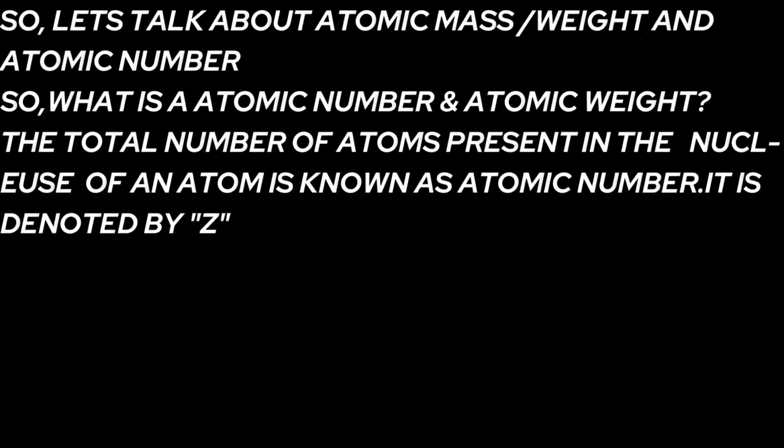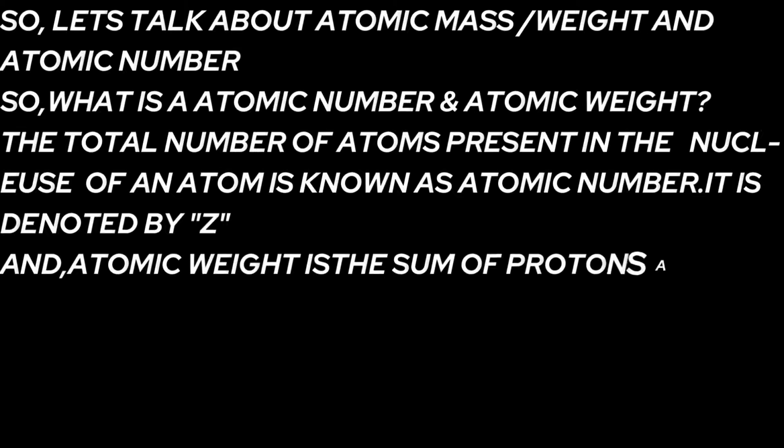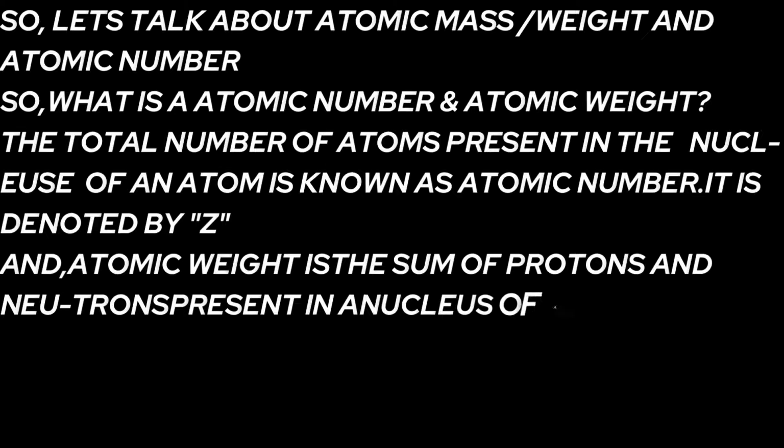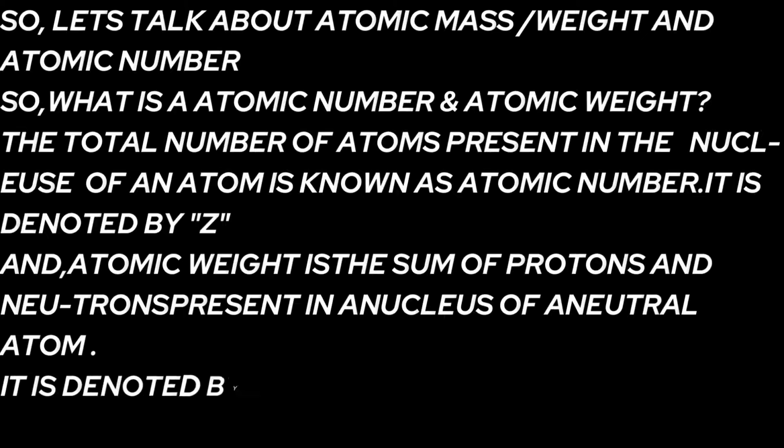You just have to write Z equals dot dot dot. And atomic weight is the sum of protons and neutrons present in the nucleus of a neutral atom. It is denoted by A. It's the same, you don't have to write atomic weight or mass, you just have to write A.